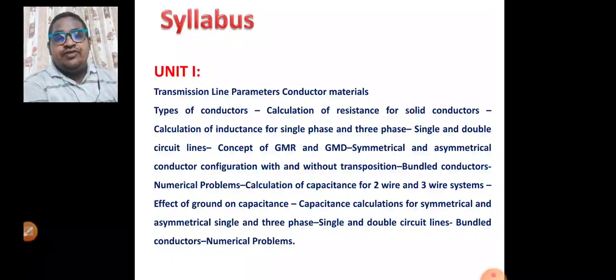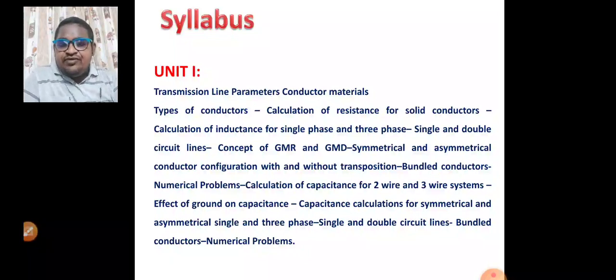The first one is active and passive elements, linear and non-linear elements, and the next one is unilateral and bilateral elements, and the other category is lumped and distributed elements. While you are studying circuit theory, it deals with electrical circuits, and the circuit elements are lumped elements only.